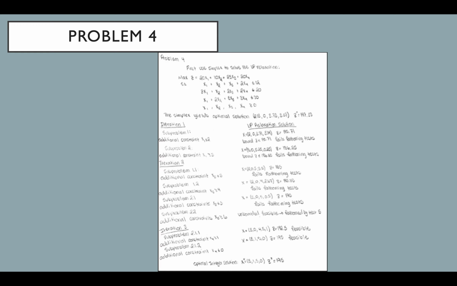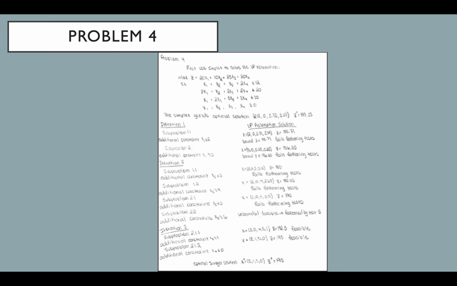Solving the LP relaxation for both subproblems yields solutions of x equals 2, 0, 3.71, 3.14 with z equal to 195.7, and x equals 3, 0, 5.25, 0.25 with z equals 196.25. Both of the subproblems fail the fathoming test, so the algorithm continues.